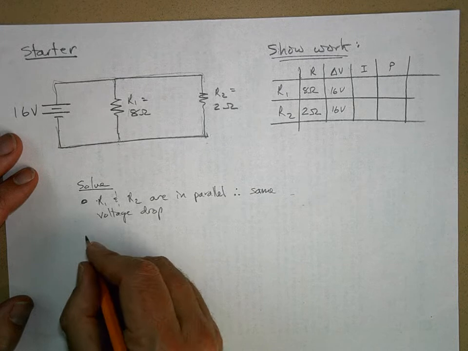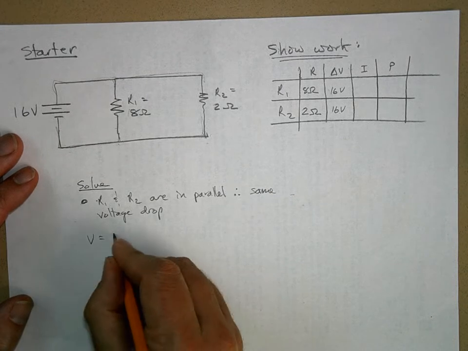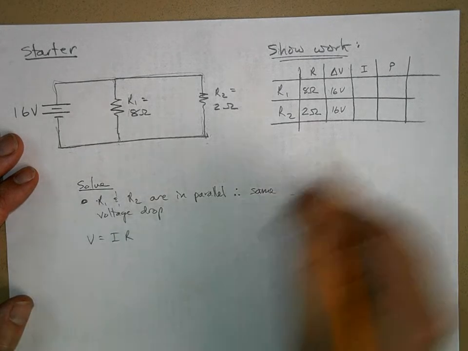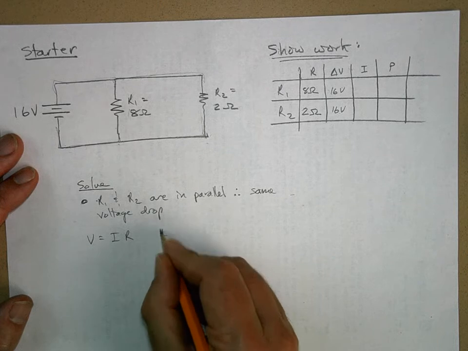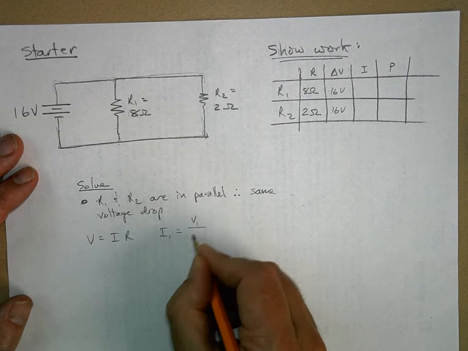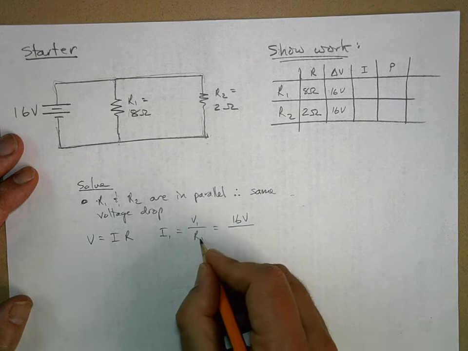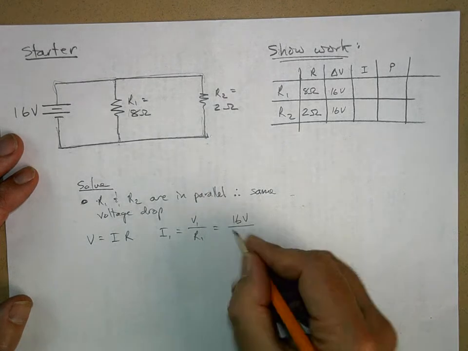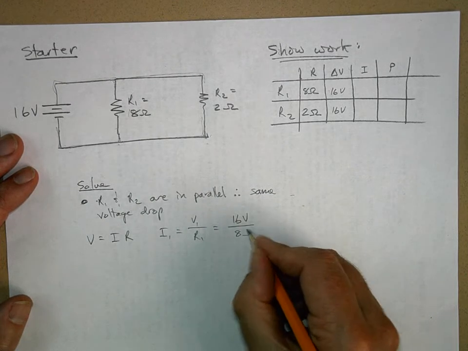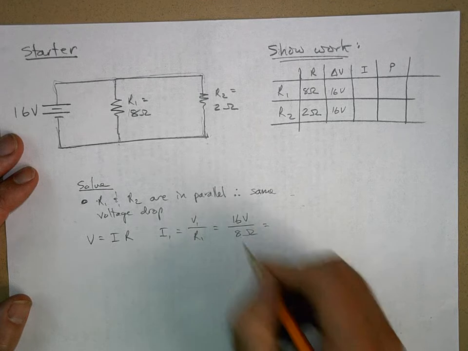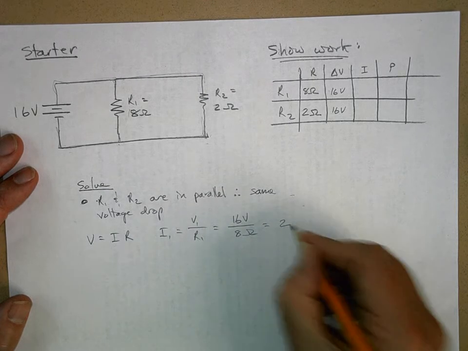Now, let's figure out the currents. We know that V equals IR. So let's solve for I1. I1 is equal to V1 over R1. That's 16 volts over R1, which is 8 ohms. 16 divided by 8 is 2.